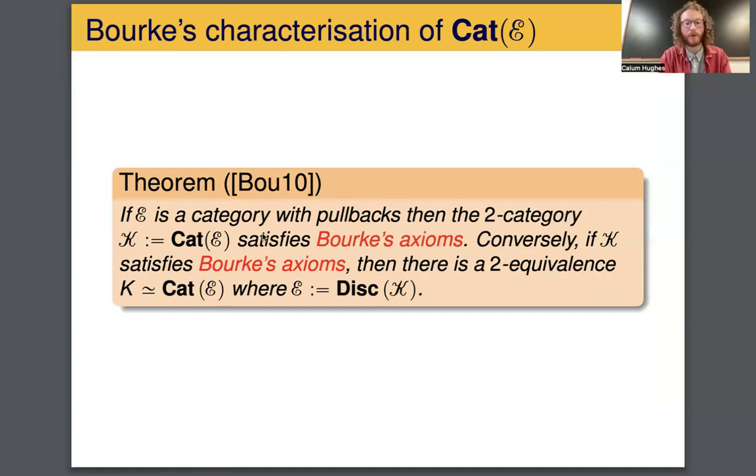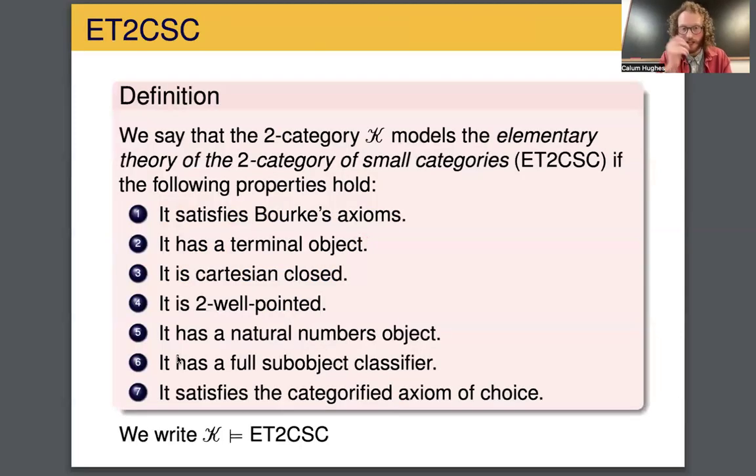The point of this theorem is that it allows us to recognize 2 categories that are of the form cat E for some E. And this allows us to define the elementary theory of the two-category of small categories. So we must satisfy Burke's axioms. We must have a terminal object. We must be Cartesian closed in the two-dimensional sense. We must be 2-well-pointed.